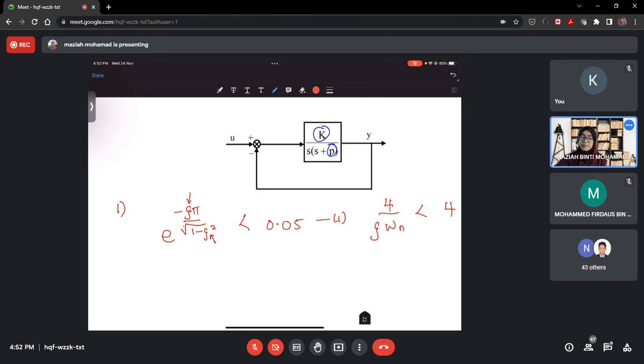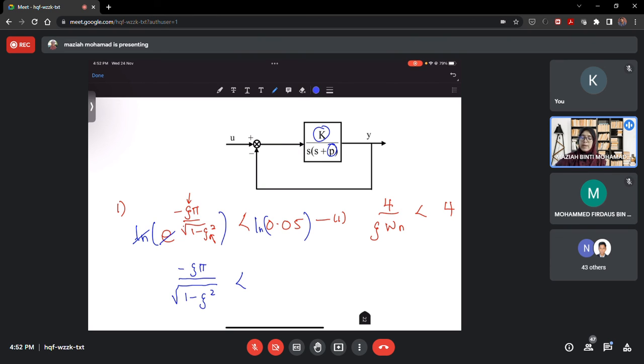All right. So you're just going to do this. Okay, ln is used to cancel the exponent. It will leave you with negative zeta pi over square root 1 minus zeta square should be less than ln 0.05.